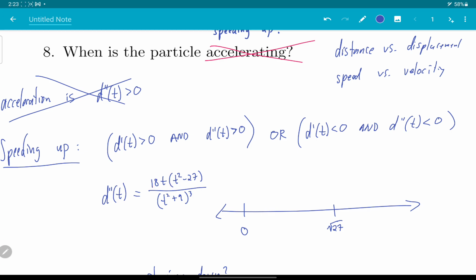And then using test points, I can decide what's happening with d double prime. So picking a number here, let's say 1, I can plug it in here and see that I'm going to get positive, negative, positive. So overall negative. And similarly, if you pick a large enough number, say 100, you're going to get all positives, and you get that.